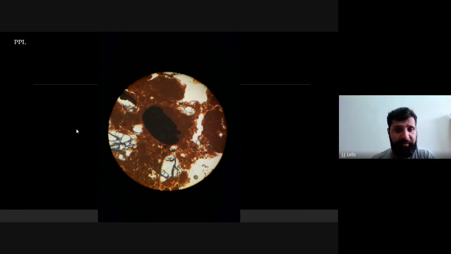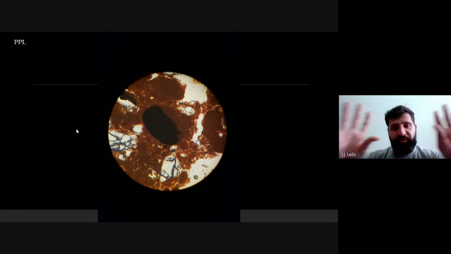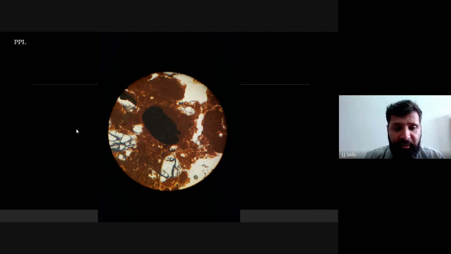It's not a coarse fraction, it's not a coarse material, although it possesses a huge size, but it's because it possesses a specific fabric that's very different from the rest of the thin section and expresses a specific soil process that formed this nodule.